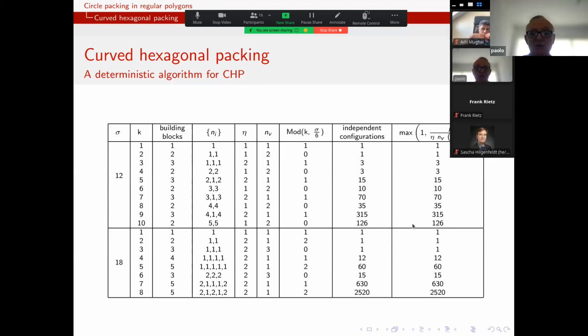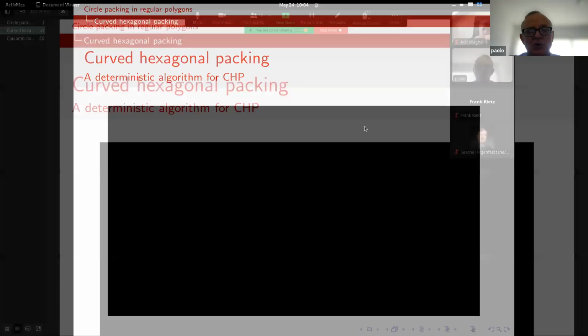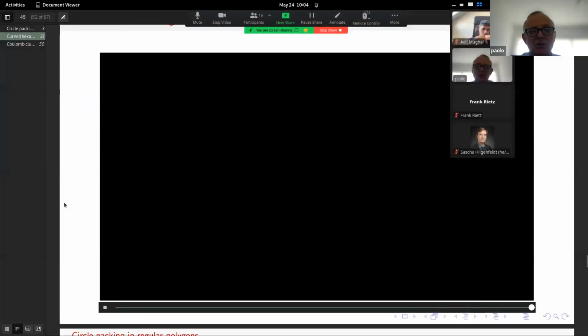Okay, so it matches. We did it up to polygons of 60 sides. The largest families that we calculated had more than 20,000 elements. It's really huge.